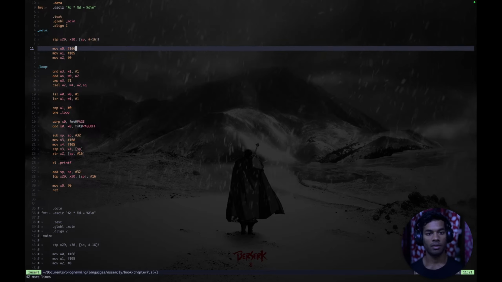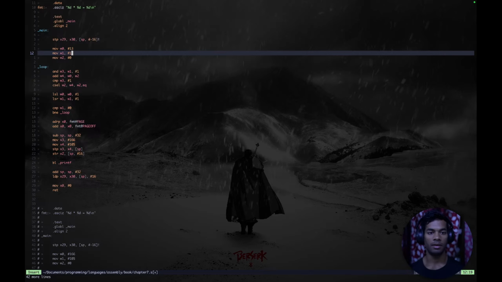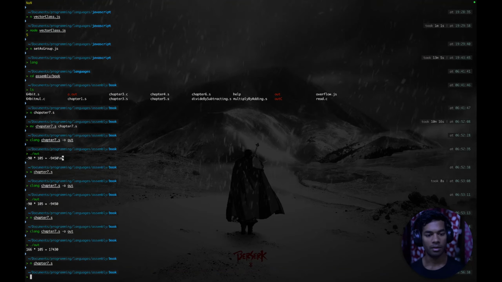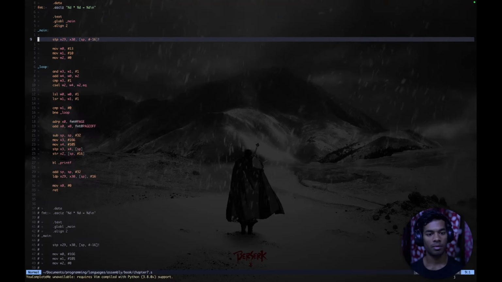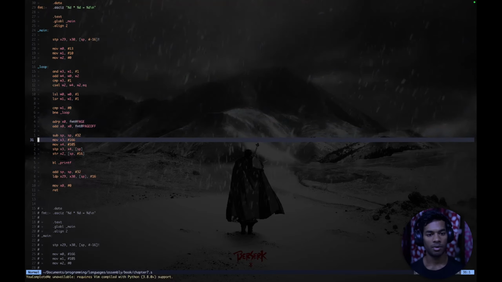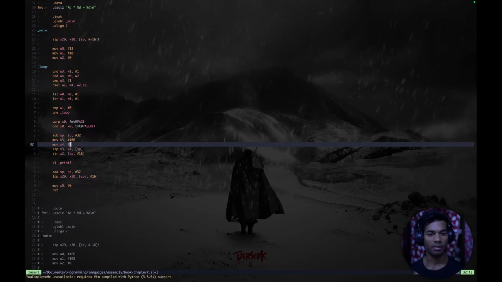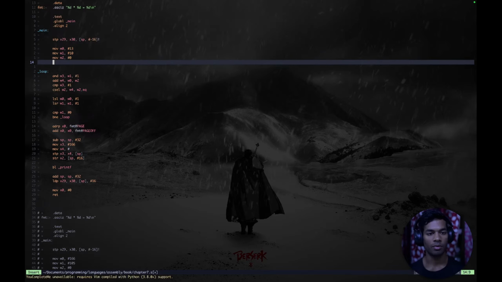Let's say I have 13 here and any number, let's say 10 here, and I will get the answer. And I need to store them and change them here also. This is not a very good design, so before doing all of this, let me store their values.